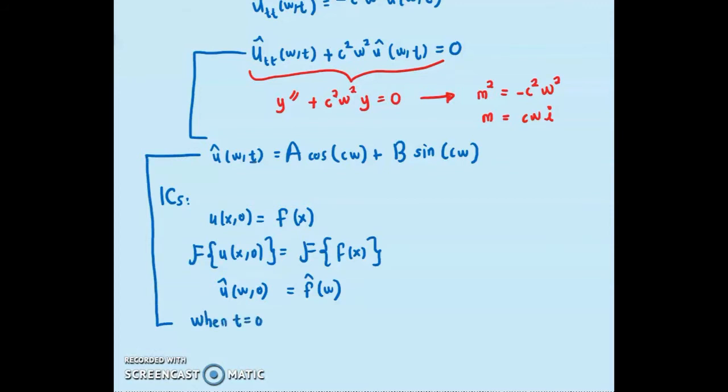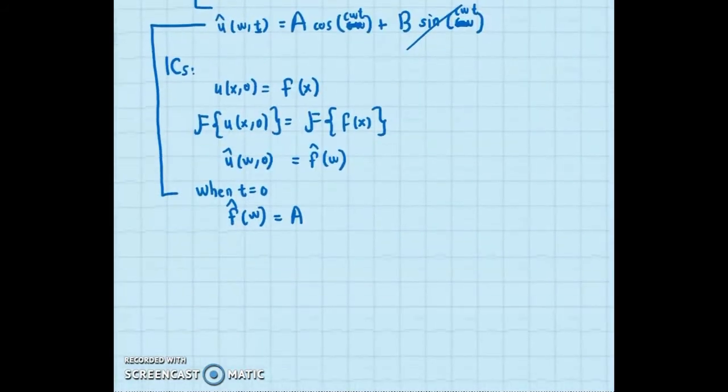Oh, I forgot to put t in this equation, my bad. So we have c omega t. When t is 0, sin 0 is 0 and cos 0 is 1, so this equals a.